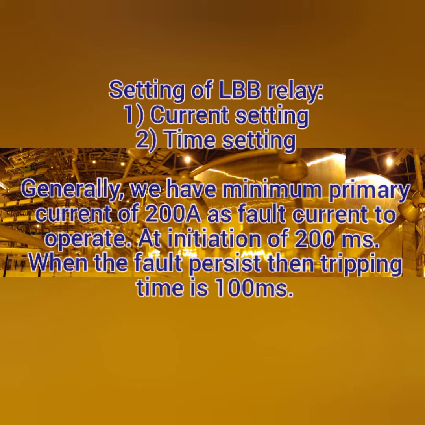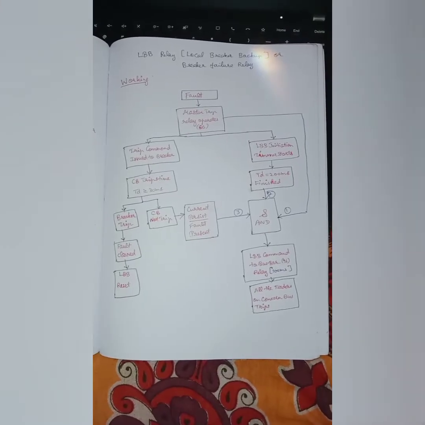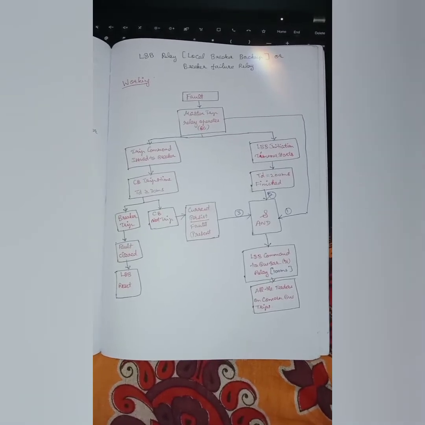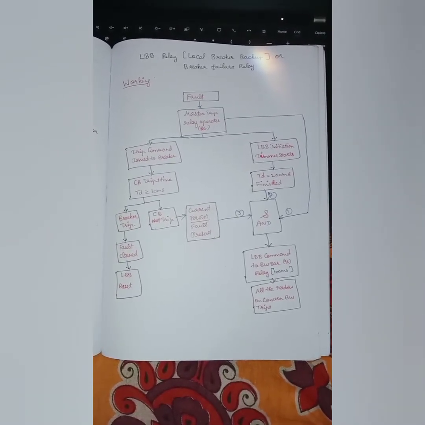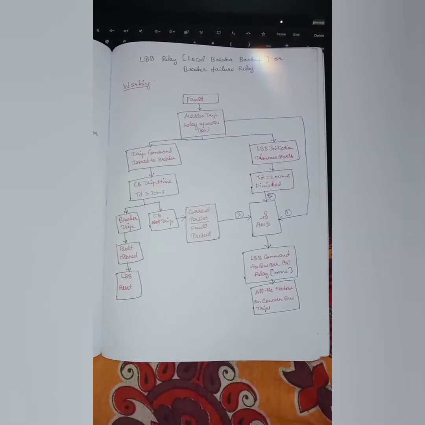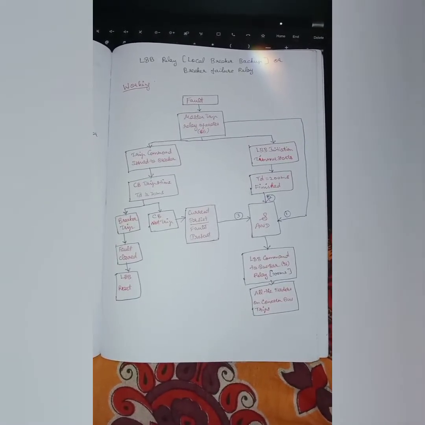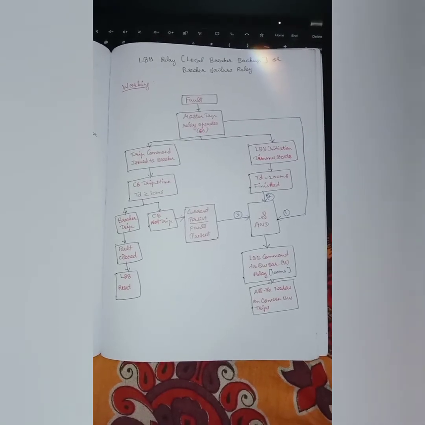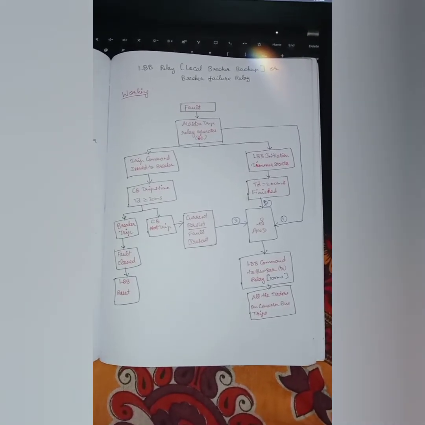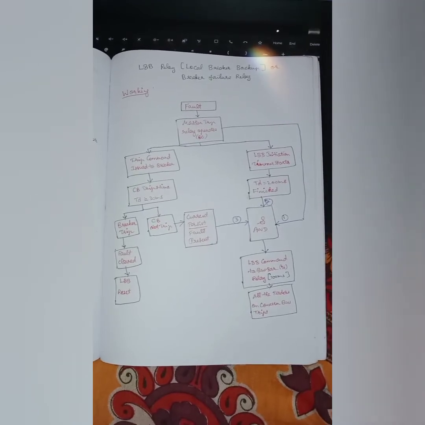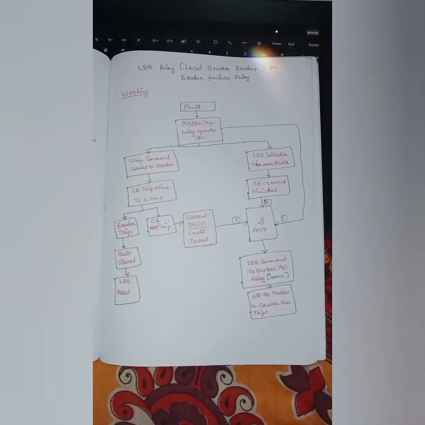Next we will see the block diagram of your LBB protection. Normally the LBB relays are local breaker backup relays or breaker failure relays. It is used as a backup for your other protection, which means in the bus bar we have bus bar protections and everything.